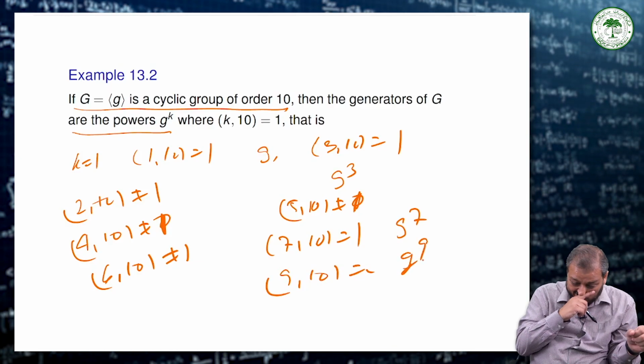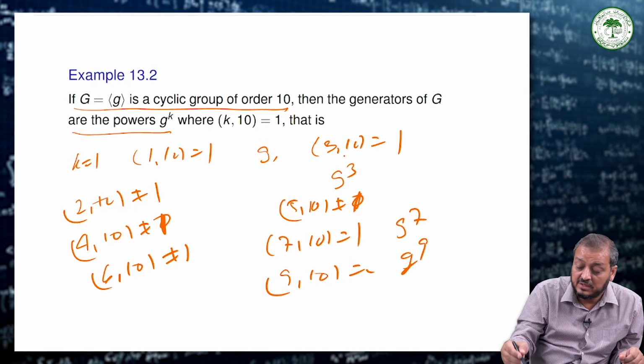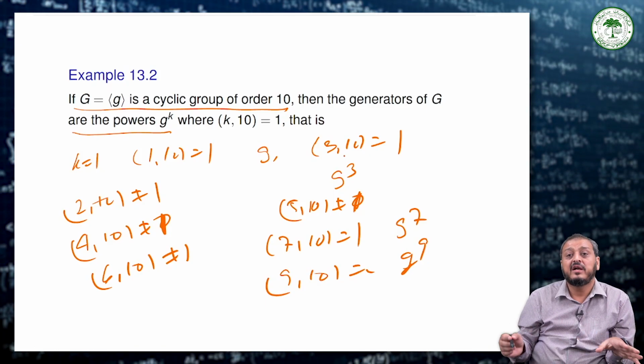So, we can say that 1, 3, 7 and 9 are relatively prime to 10.